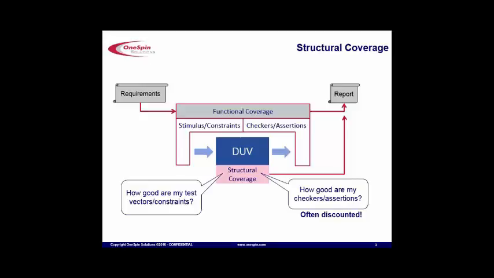Then we measure the structural coverage, and as said, we derive that from looking at the DUT. To measure the stimulus side, we have good measures, for example code coverage. But what often gets discounted is how good my checkers and assertions are. I believe Steve from Dialog had a comment on that: it doesn't make sense to run zillions of stimulus if you're not checking for the outcome. And last but not least, the coverage we measure also goes into our final report.